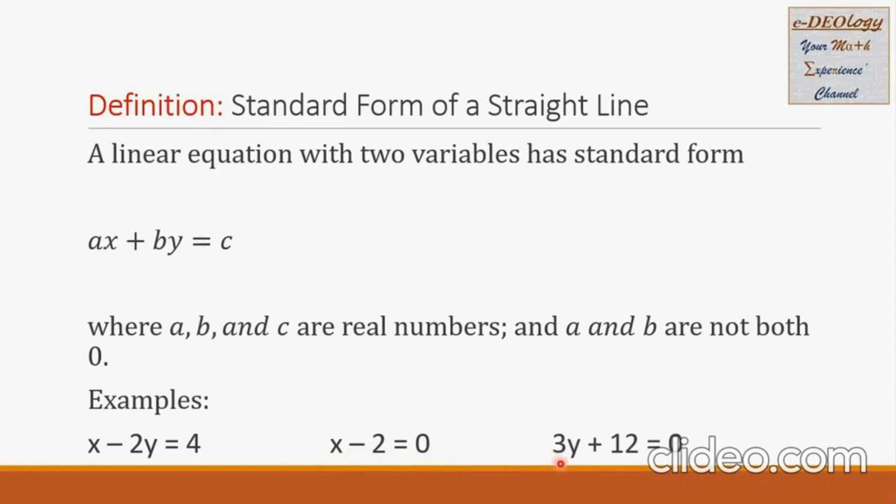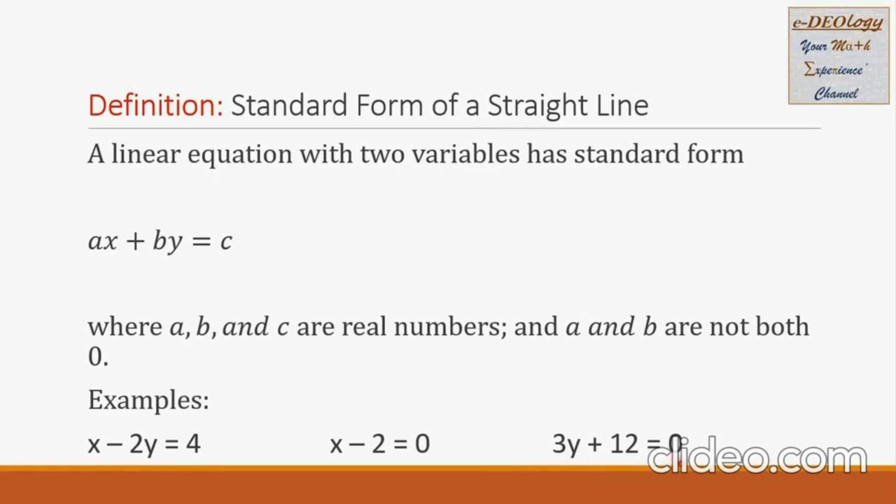Another example is 3y plus 12 equals 0. In here, there is no x variable. It means the value of a is 0. The value of b is 3, which is the coefficient of y. This constant 12 can be transposed on the right side. Of course, the sign must be changed.